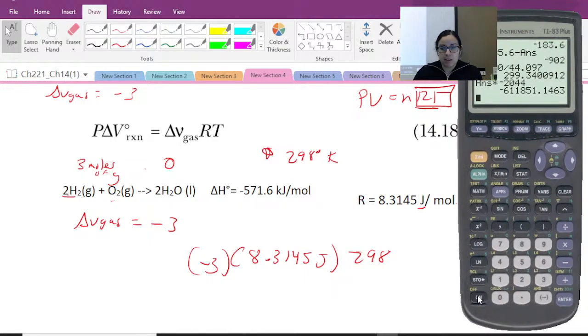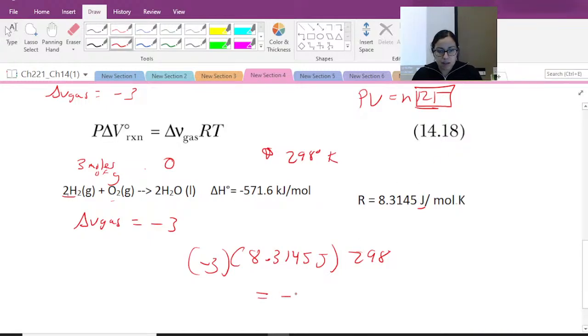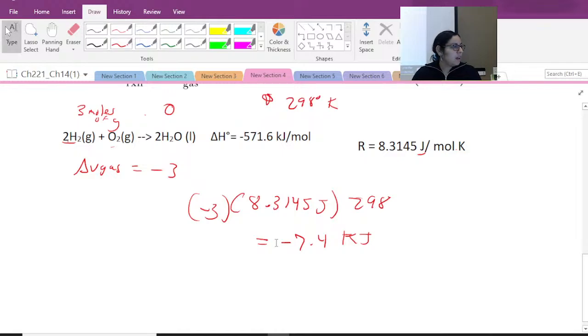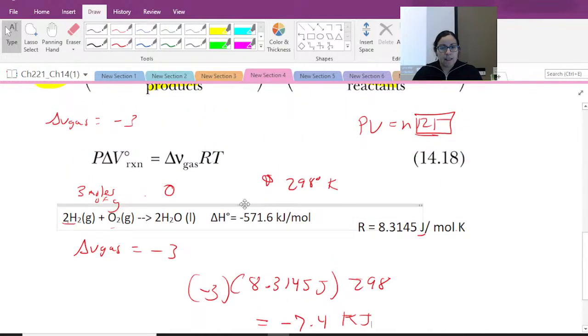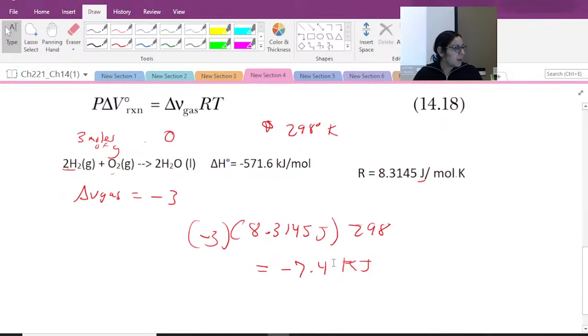And then if we plug it all in together, so 3 times 8.31 times 298. And so this is joules, so about -7.4 kilojoules. And so we can say that our delta heat of reaction and our internal energy differ by this amount.